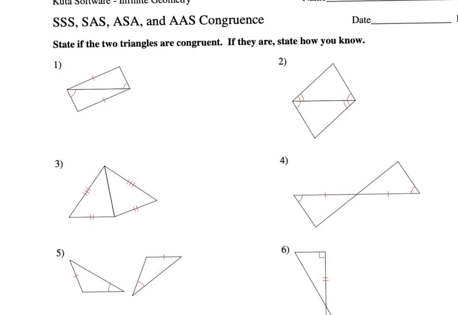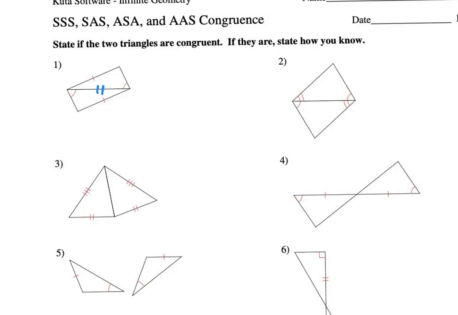What other piece of information do we know about number one that's not already marked? The line in the middle. Yep. Okay, whenever we see two triangles share a side, then we know that those triangles have the same length, right?